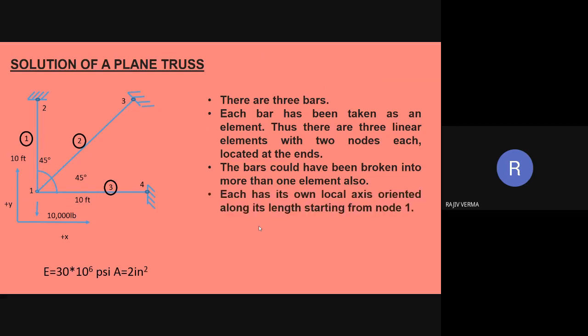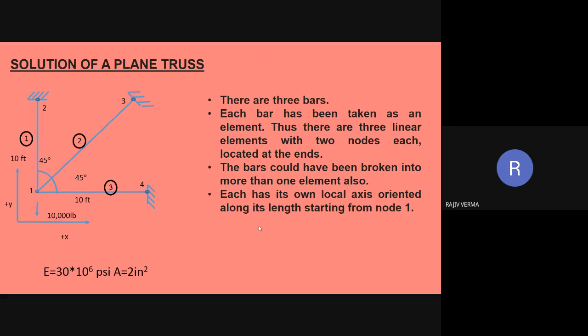Now each bar has its own local axis oriented along its length, starting from node 1. Since all the bars are arbitrarily oriented, we need to define a coordinate system local to each bar.